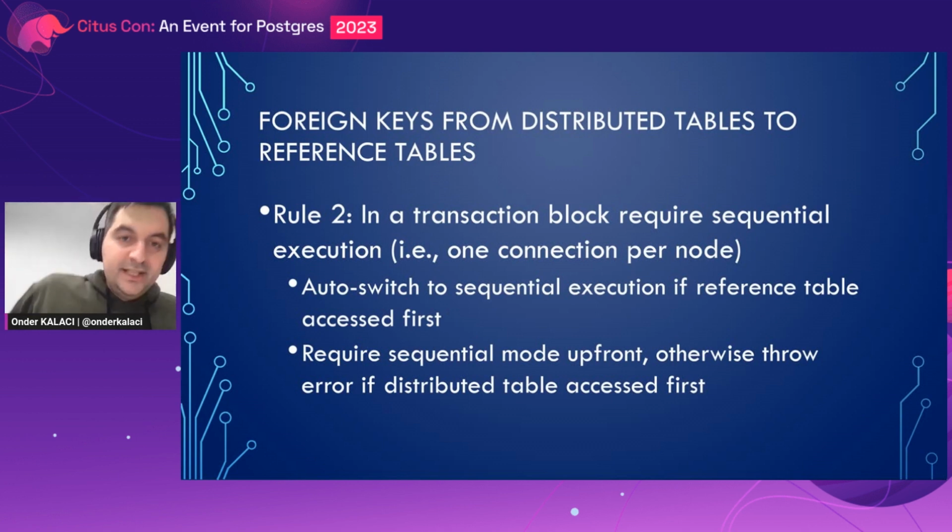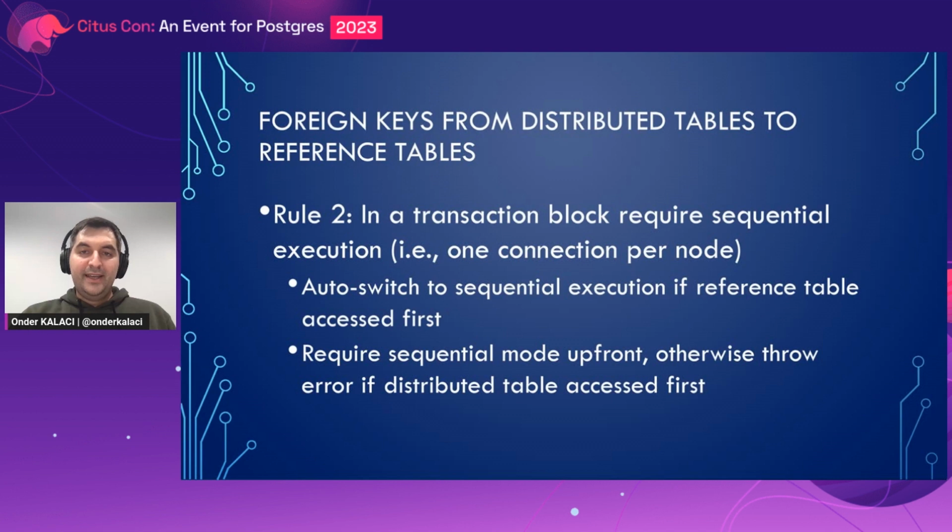Maybe you remember from the earlier slides that whenever there's a foreign key check happening, under the hood Postgres and also Citus are running a SQL command, and that SQL command was also acquiring some locks. So imagine that in a transaction block, the parallel executions that are triggered for a single distributed query are trying to acquire the same lock. That would cause deadlock issues.